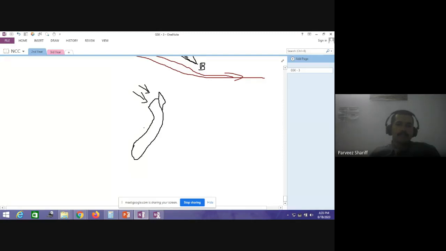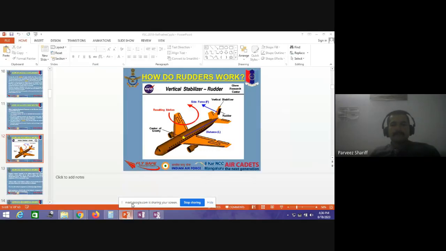The tail section is pushed, and the nose section will turn to the right side, with respect to the CG. CG is here. If the rudder is turned towards the port side, the wind increases the lift of that fin, and the aircraft will move in the port side direction. It's as simple as that.